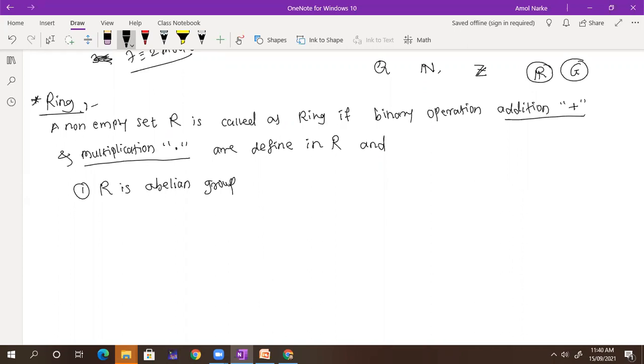Number two, R is a semigroup under multiplication. I will tell you what is meant by semigroup.